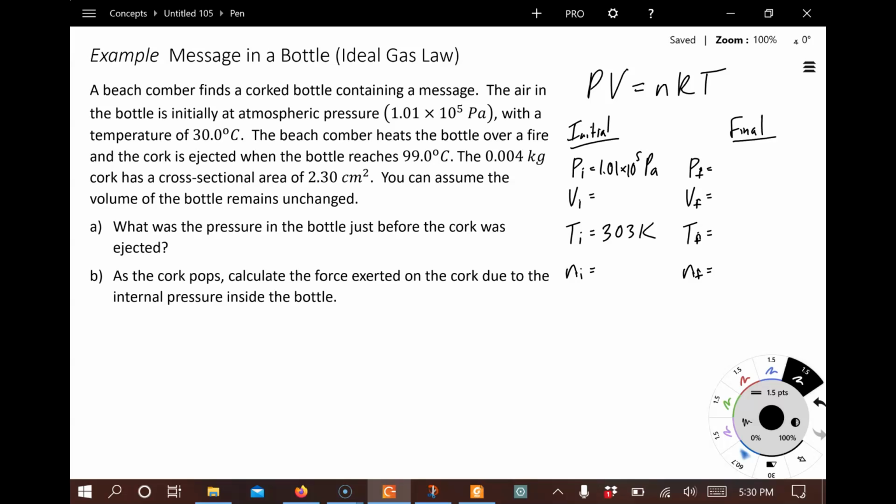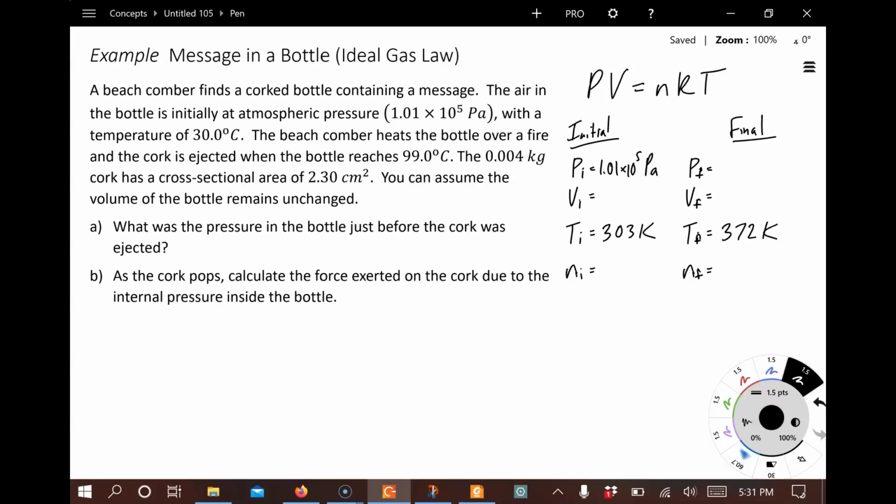The beachcomber heats the bottle over a fire, and the cork is ejected when the bottle reaches 99 degrees Celsius. So again, we need to add 273 to that, and that's going to give us 372 is the final temperature in Kelvin. What else do we know here? Something about the cork has a mass, it has a cross-sectional area.